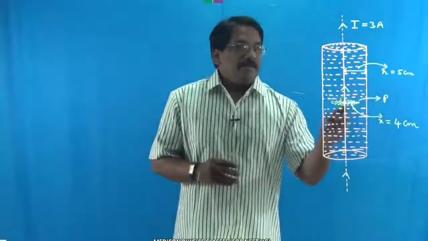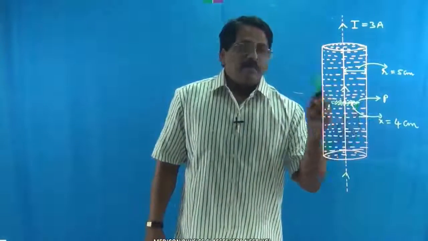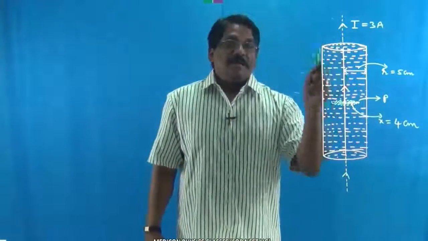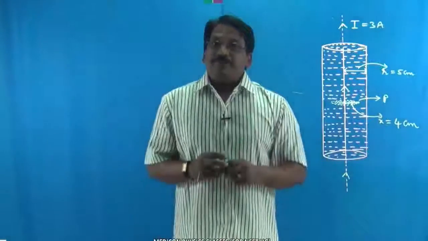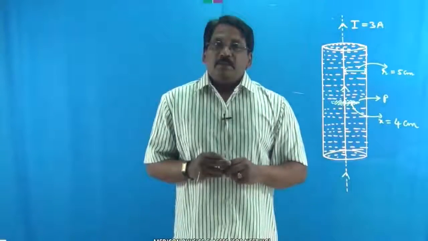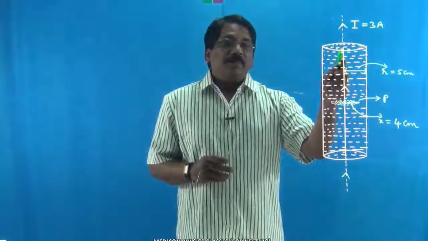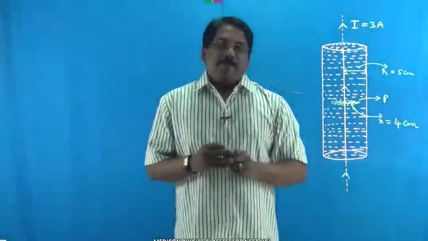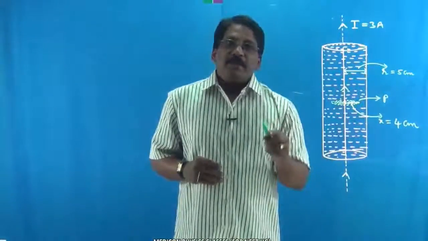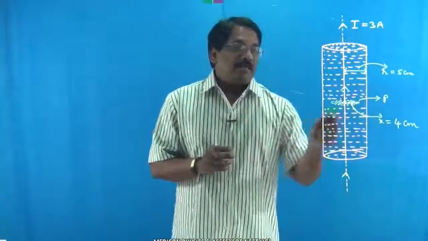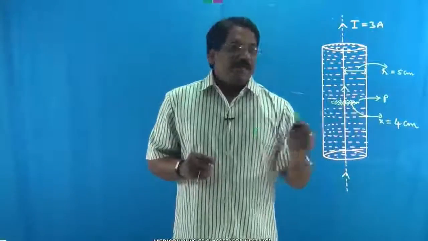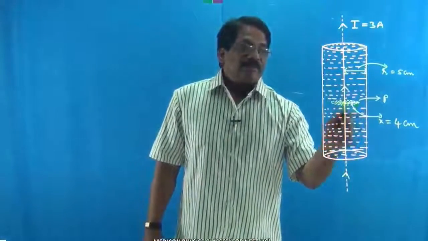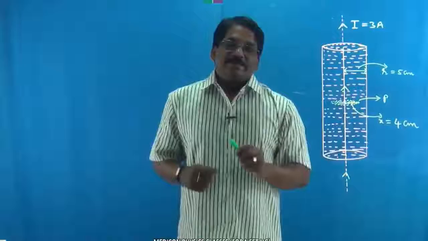And secondly, with respect to the point P now, the current I cannot be referred to entirely. The I is now attributed to the total cross section pi r square. When we refer to the point P, we have to consider a circular cross section taking the distance of the point from the axis as radius.